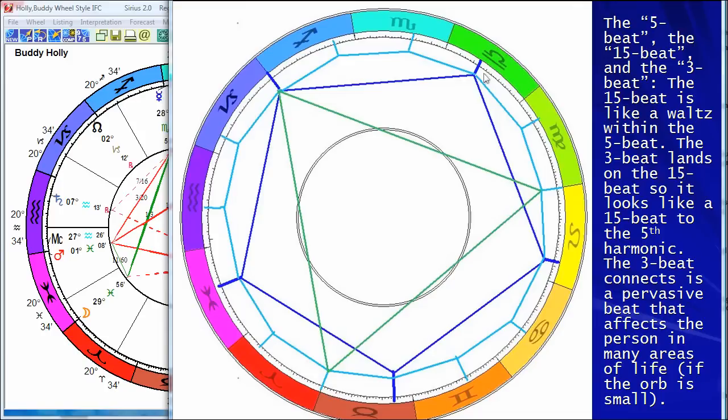It's a good way to think of it because that's literally what it is. If the Sun is here and the Moon is here, they're 1/5 of a circle. Or if the Moon was here, it would be 2/5 of a circle. This would be 1/5 going the other way, 2/5 going the other way. They're on that beat. 1, 2, 3, 4, 5.